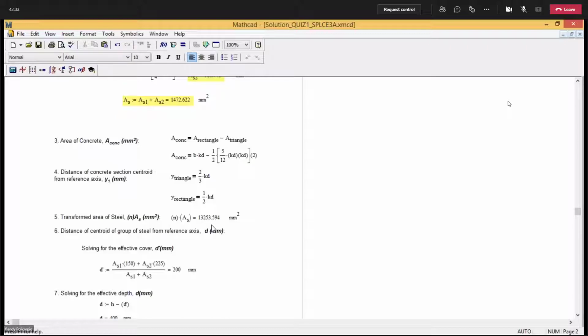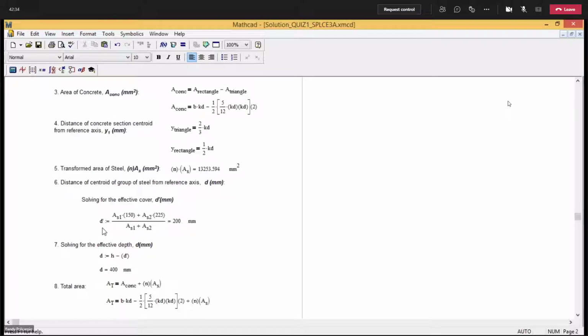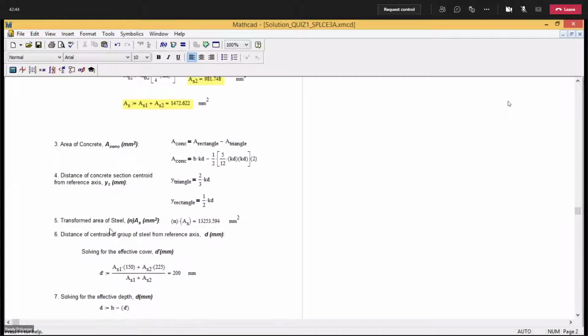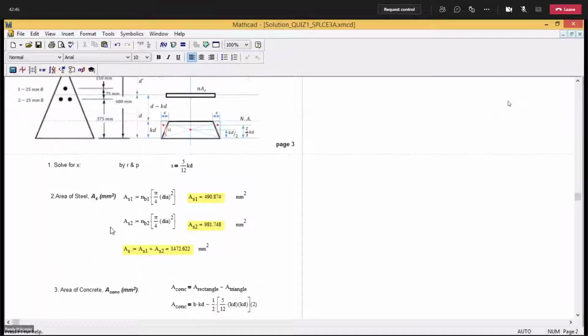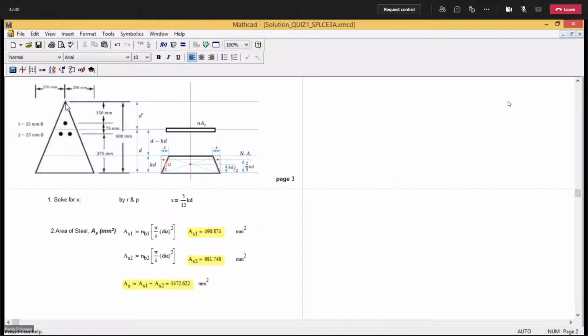And then solving for the effective cover. So this is the location of the centroid. Location of the centroid of the rebar, no? Of the rebar. It is referred to the apex. Do sa apex, no? Yun ang pinaka-reference natin. So minoment natin yung area with respect to the apex.